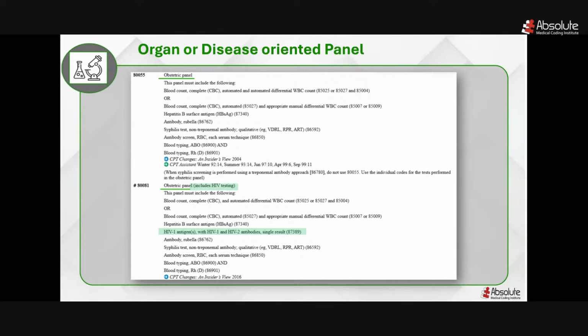And the only difference between these two codes is that 80081 includes the HIV test along with the rest of the obstetric tests. See? So always make sure you note this in your CPT manual.